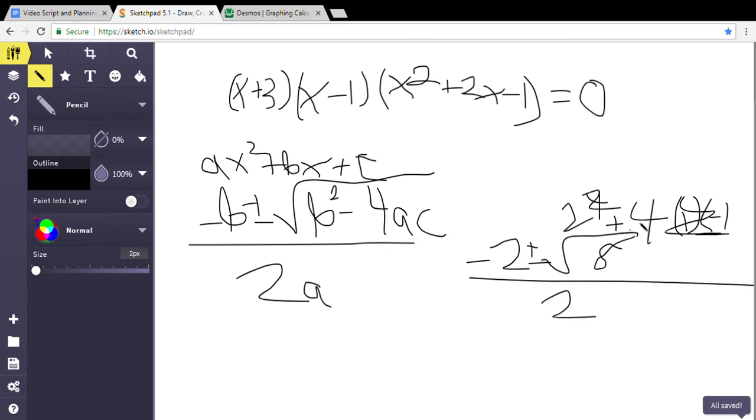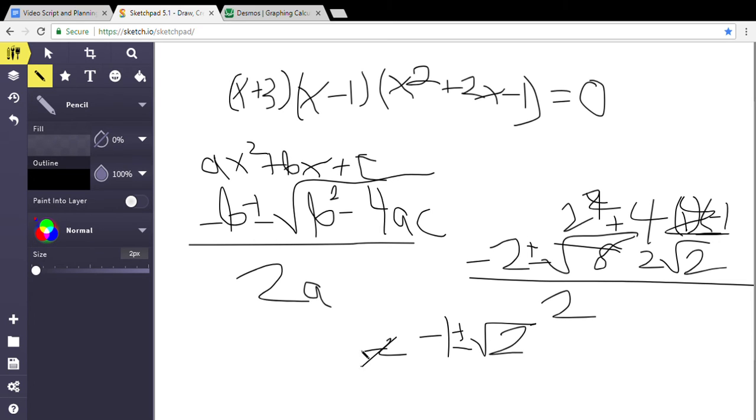And the square root of 8, using radical rules, can become 2 square root of 2. That isn't really anything important for the video, but in the end, you have negative 2 plus or minus 2 square root of 2 over 2. And all of these things are divisible by 2. So you can factor it out again to be negative 1 plus or minus the square root of 2.